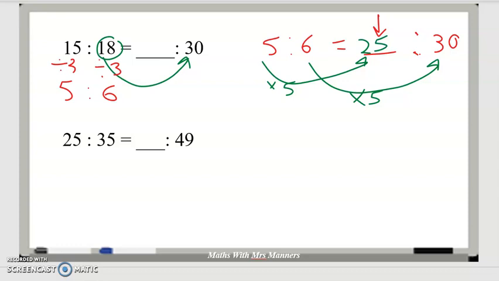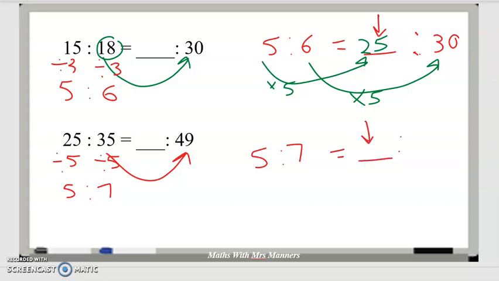Same thing here. I don't really know what number to multiply 35 by to get 49. So I could reduce the ratio, and I can see that 5 goes into both 35 and 25, and that gives me a ratio of 5 to 7. Now I'm going to find the number that goes in this location such that the ratio 5 to 7 and this number to 49 are equivalent.